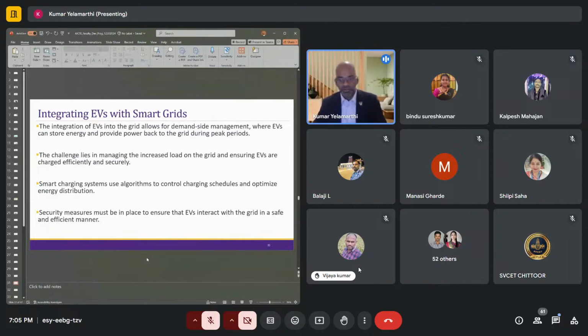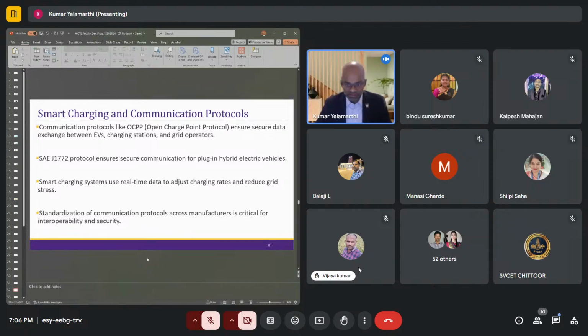But how do you ensure the right algorithms are in place? How do you ensure sufficient security measures are in place to operate efficiently? That is going to be a big challenge up front. Again, as I said, you have to use the right protocols, and two, you have to ensure the data is captured in real time and adjust the charging network accordingly.